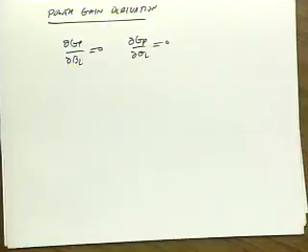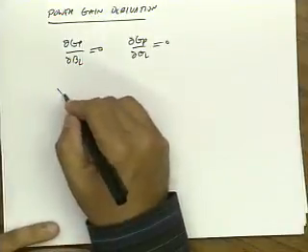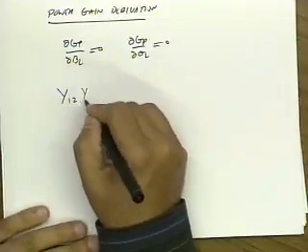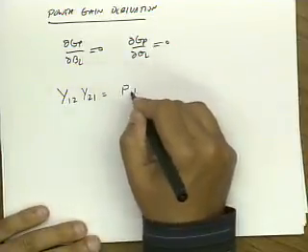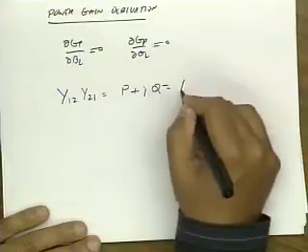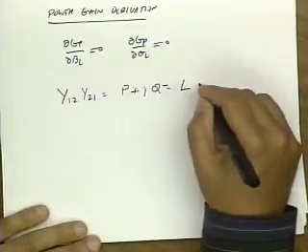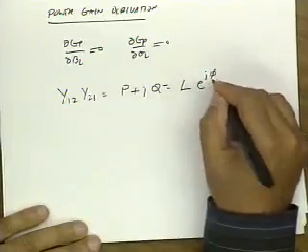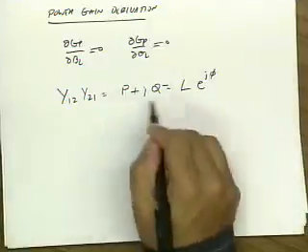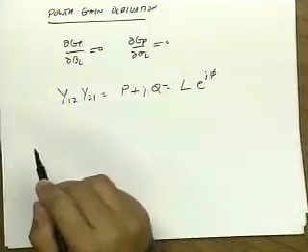Let me define a couple of useful things. Let me define the product of y12 y21 as P plus jQ, or some magnitude L e to the j phi, where phi is the phase of this product.